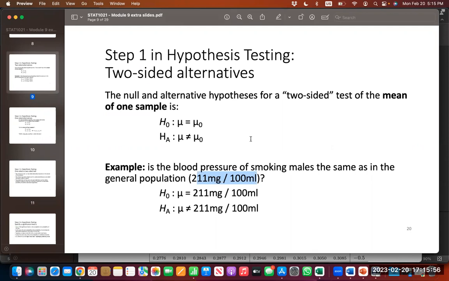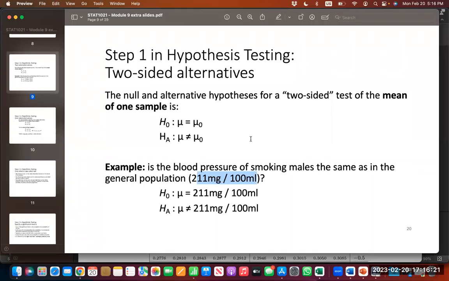The null hypothesis here is that mu, our sample mean, is identical to the population mean. Mu equals mu0. It should be m rather than mu0, but it is sample mean versus population mean. And the alternative hypothesis is that the sample mean is different from the population mean.